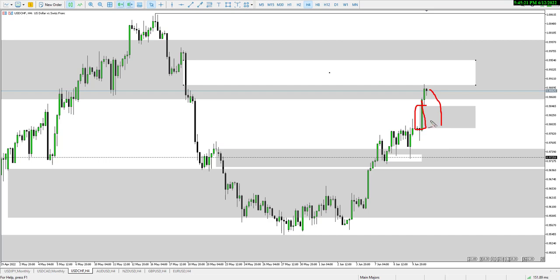Once we get that inefficiency rebalanced, right, then we should see a move to the upside and ultimately targeting 1.00639. See, that's the price action that I would want to see. Once we rebalance this inefficiency on H4, then we should see price being drawn to the upside to rebalance 1 and 2.